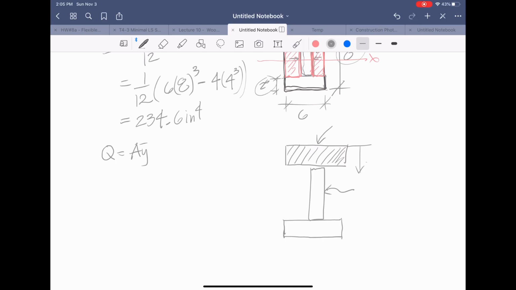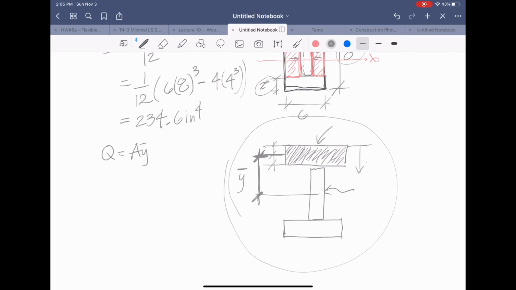So the area of this, and then the y bar. Now the y bar is always the center of the member that you're looking at, and the center over here, which is the center of the entire member, okay? What is that distance? That's your y bar.